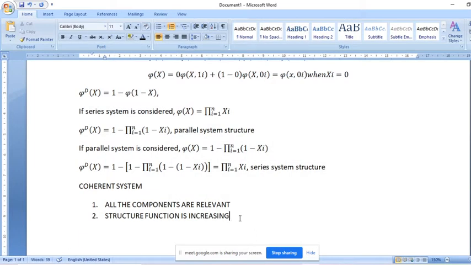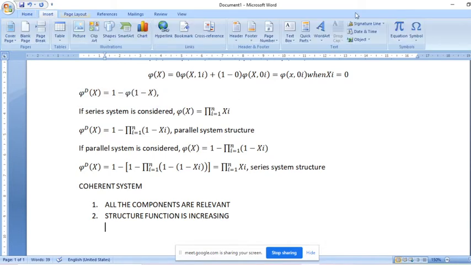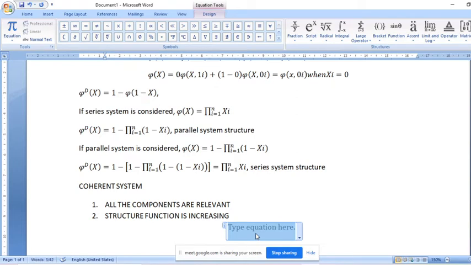When we say that a function is increasing, the situation is that phi of x comma 0i is less than or equal to phi of x comma 1i. So this is the situation we call increasing.